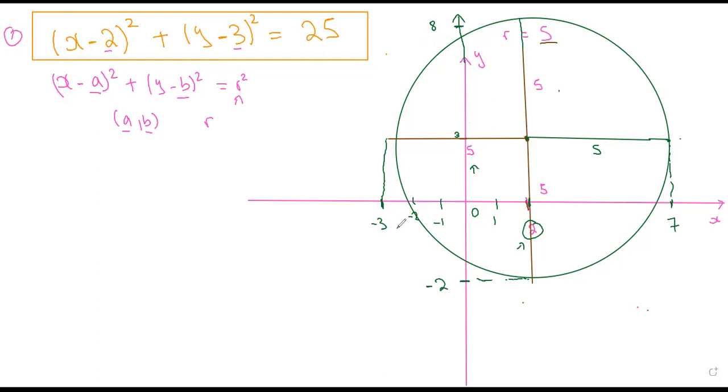So basically, this is the idea about the circle, its center, its radius, and these 4 points which I just marked on the graph: if this is the center and I am moving 5 units to the right, to the left, above or down, what would my coordinates be? Did you understand?